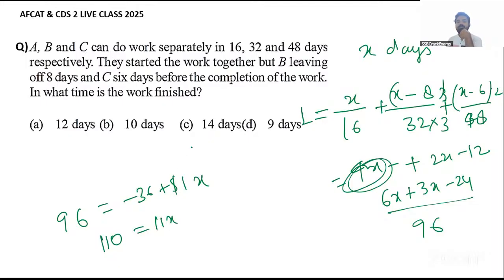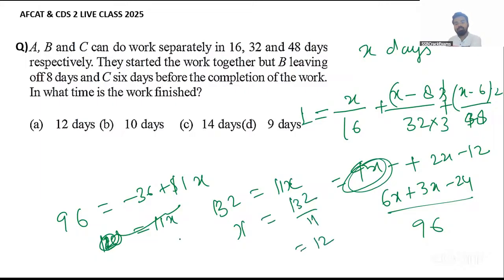Tell me the answer, okay? Everybody, not 120, not 100. So x is equal to 132 upon 11, which is the answer.